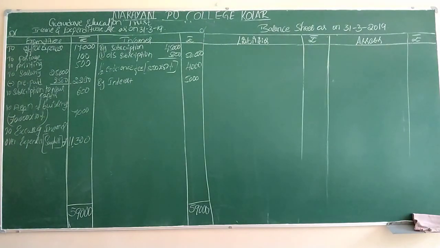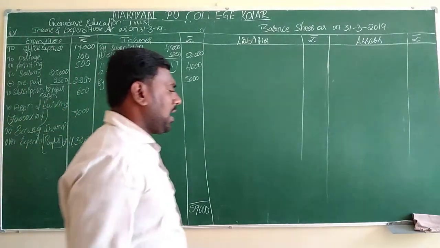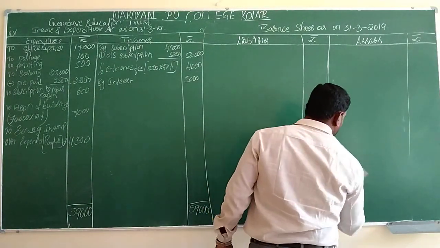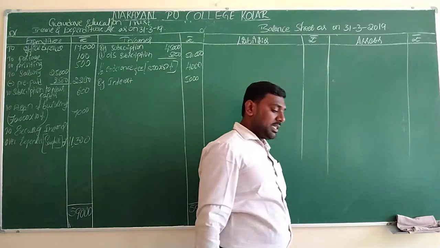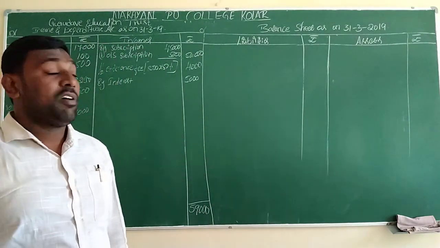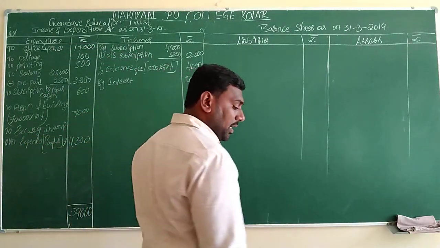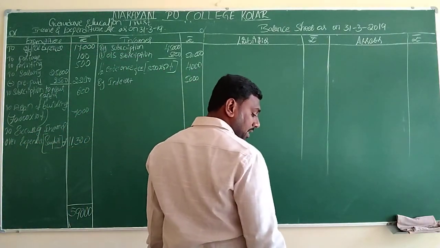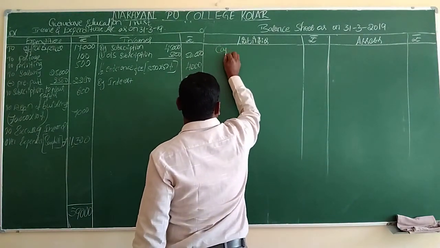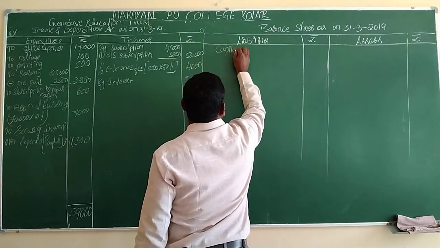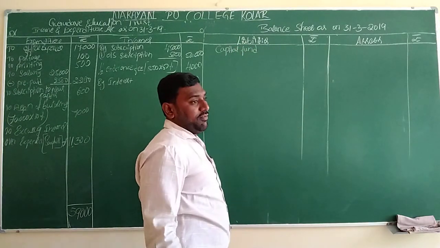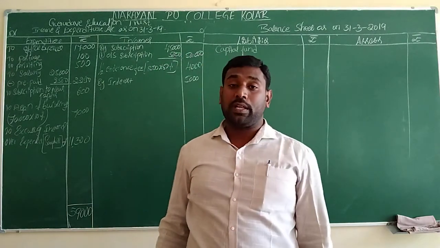Okay, let's prepare the balance sheet. The new balance sheet is totally based on the previous year's balance sheet. In the previous year's balance sheet, the first item given is capital fund, so we write capital fund directly. For this capital fund we have to add a few transactions.